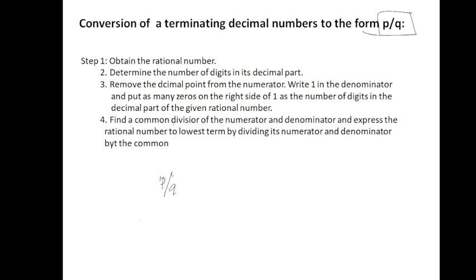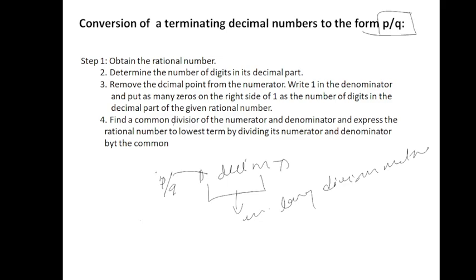In the previous slide we discussed taking any number in the form p by q and converting it to decimal form, using the long division method to convert a fraction into a decimal. But in this slide we have a terminating decimal, and we convert it into p by q form, the fraction form.